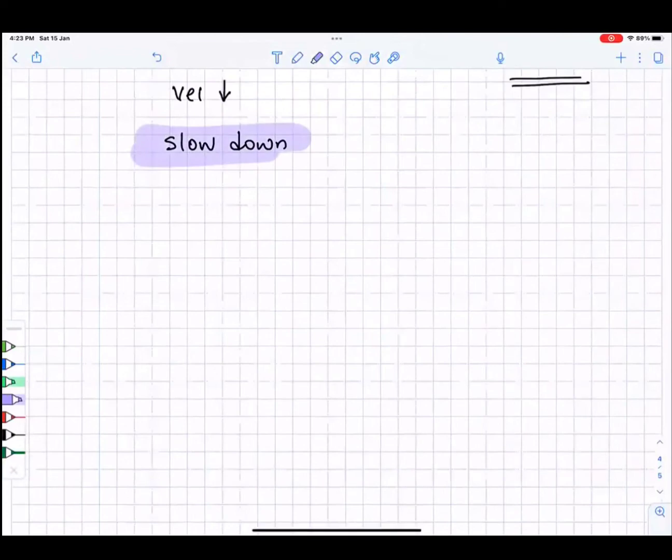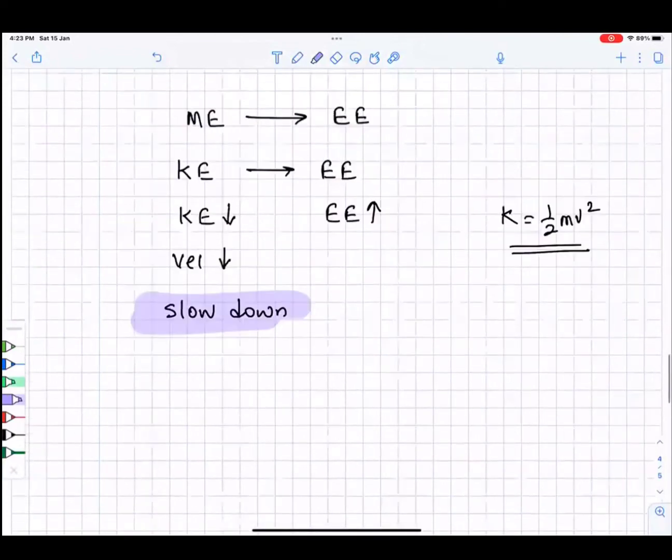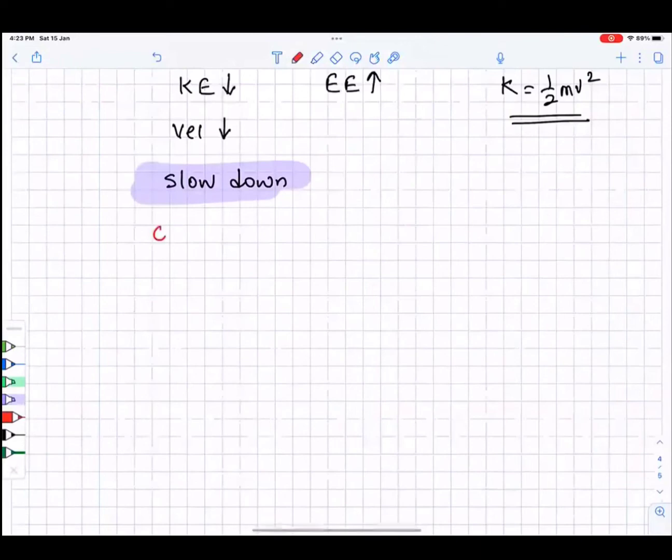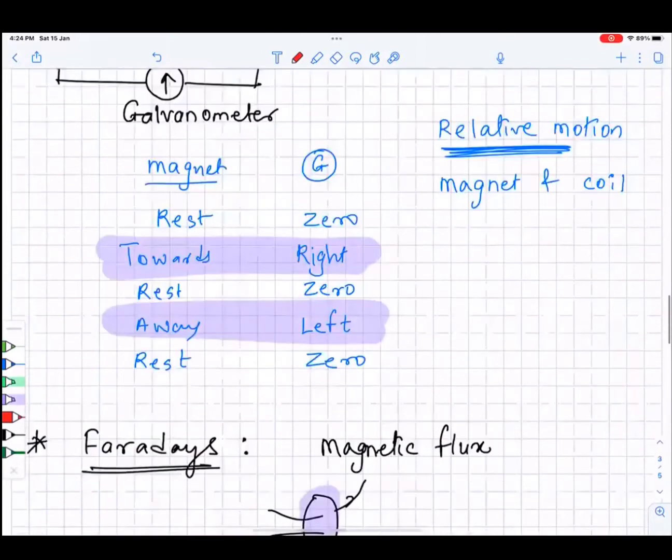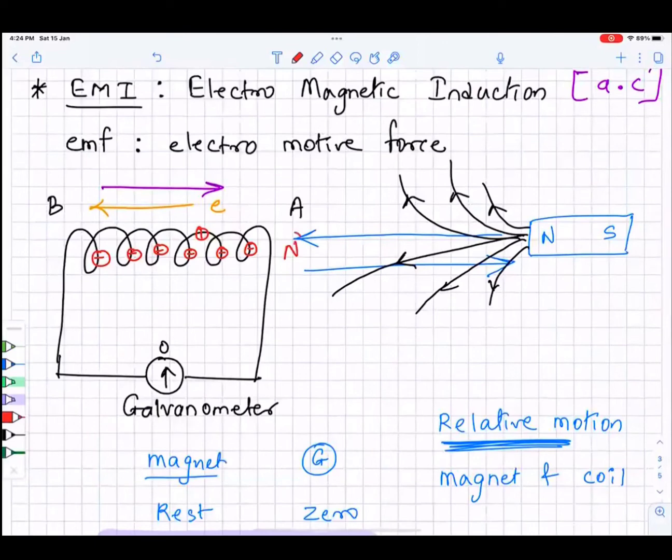Slow down. Who will slow it down? Only if what is there, Aditya? Opposing force, right? Yeah, repulsion. Exactly. Opposing force. You said repulsion. That's correct. I'll write that word here. Very good. It's called repulsion. It means this north pole will induce which pole out here, guys? North pole. Exactly.